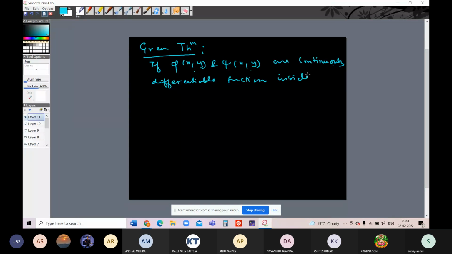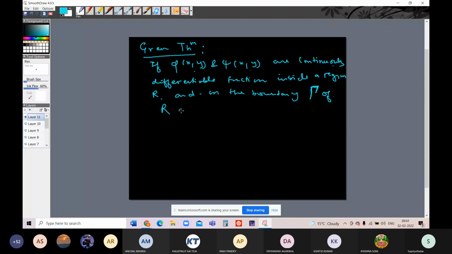If we have two functions phi and psi, both functions of two variables x and y, and phi and psi are continuously differentiable functions inside a region R and also on the boundary of this region R, say that the boundary is denoted by gamma.